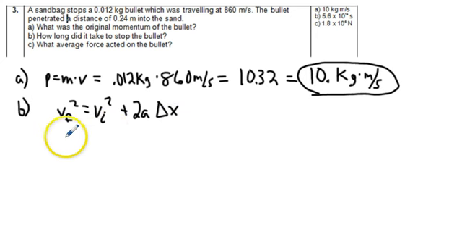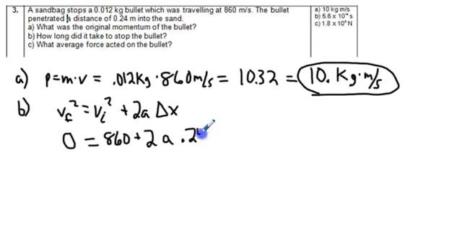Alright, Vf simply enough is 0. Vi was 860. Just for simplicity, and because I'm writing with a mouse, I'm going to leave off some units here. Don't know the acceleration, that's what I'm solving for, and the delta x was 0.24 meters.